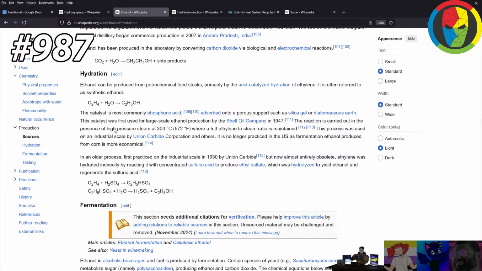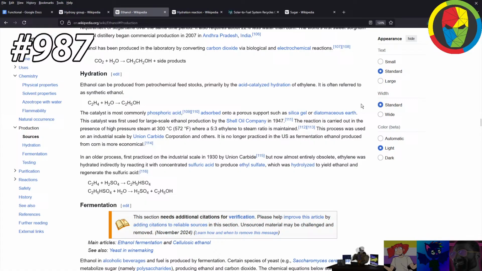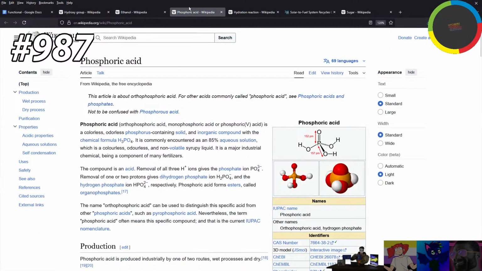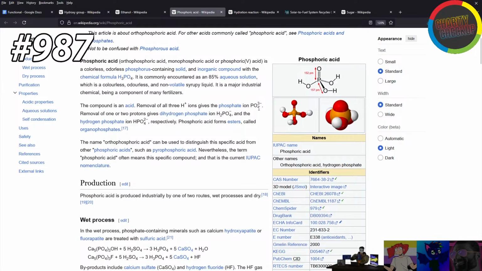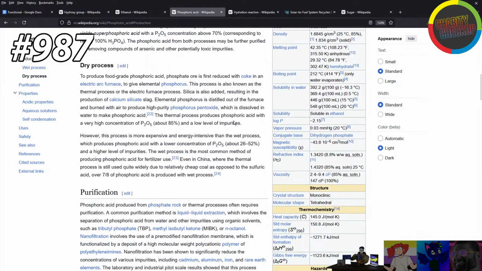But phosphoric acid most commonly. Oh, can you not do it with any acid? Phosphoric. I don't know much about phosphoric acid. I don't imagine it would be the most convenient to handle. I mean, okay, it is difficult. You do have the standard acid methods.